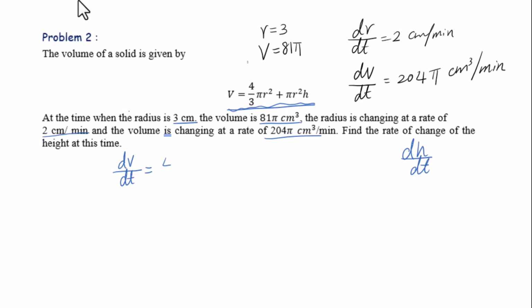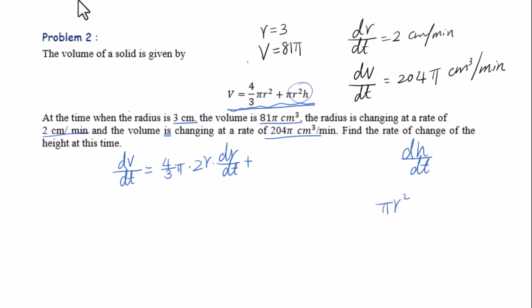equals 4 over 3 pi times power rule 2r times dr/dt, plus, we need to do the product rule for pi r squared h when we take a derivative of h.